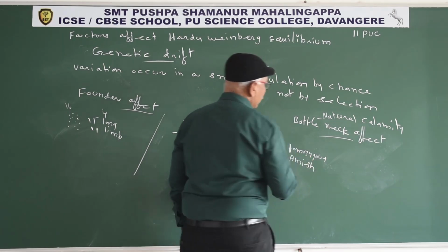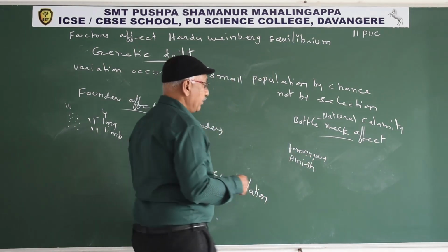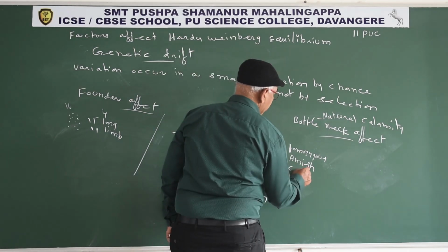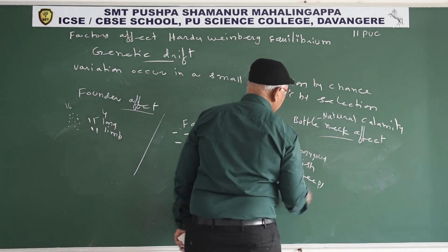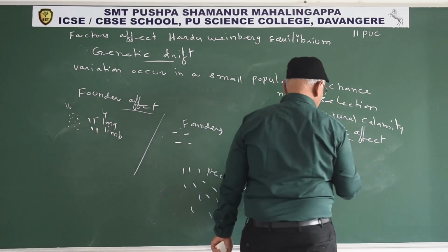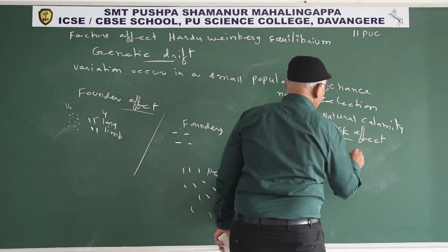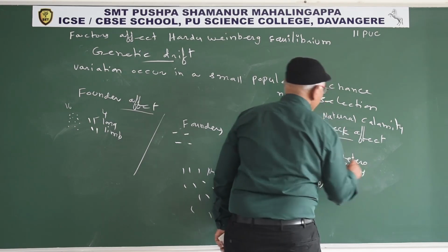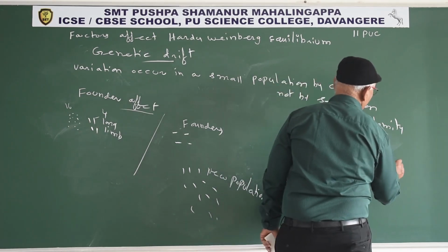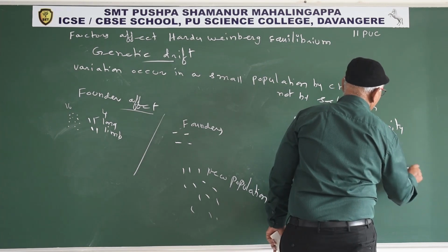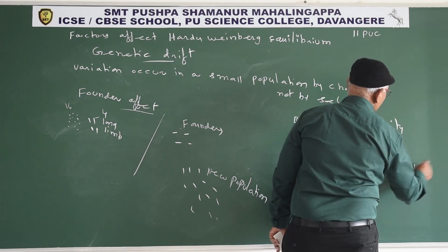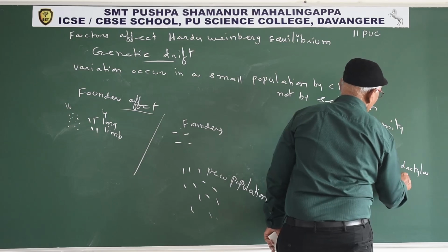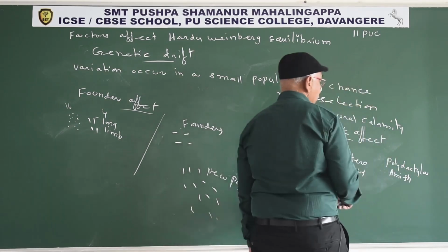One type of sheep, Amish. Heterozygous Amish population. Polydactyly. Amish population.